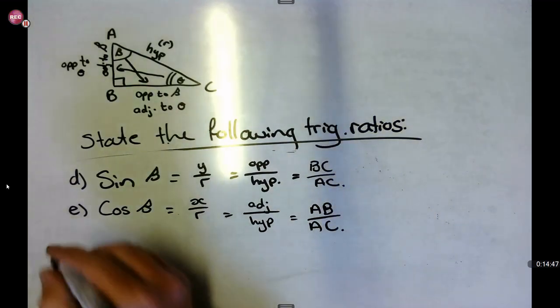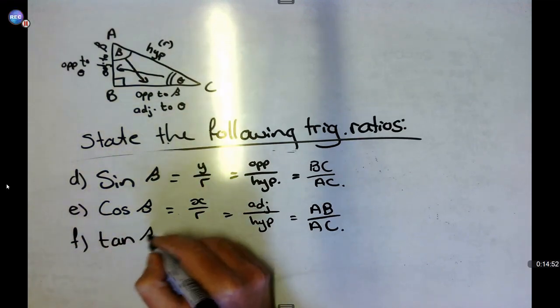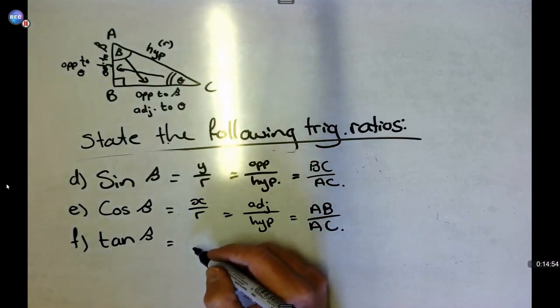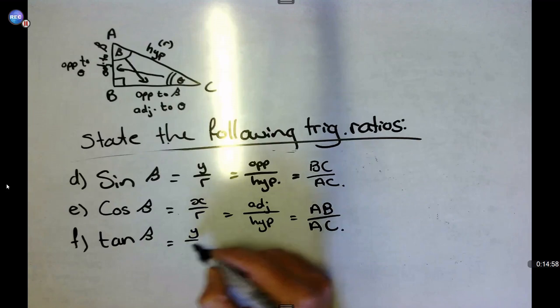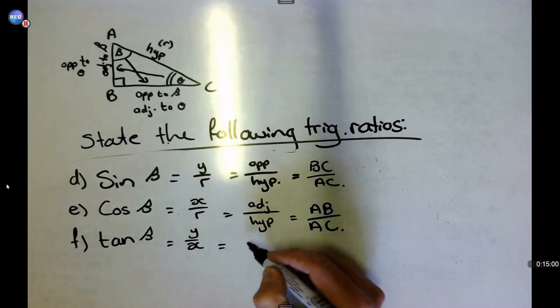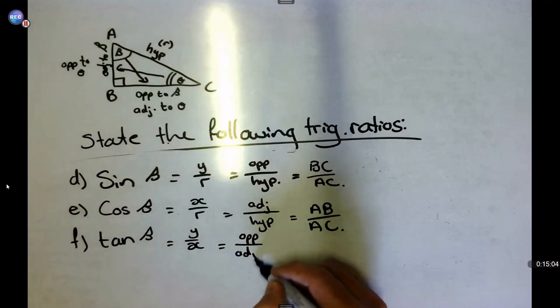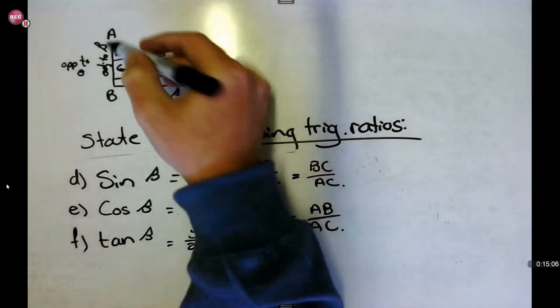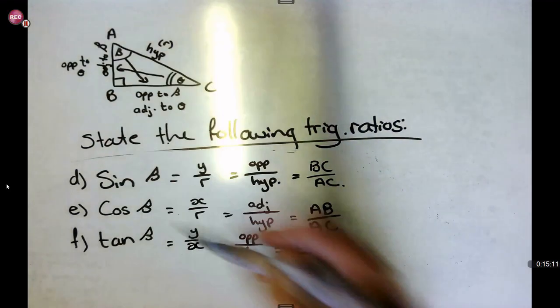And then lastly for tan beta, tan is y over x, which means it's opposite over the adjacent side. So your opposite is BC, and your adjacent side would be AB.